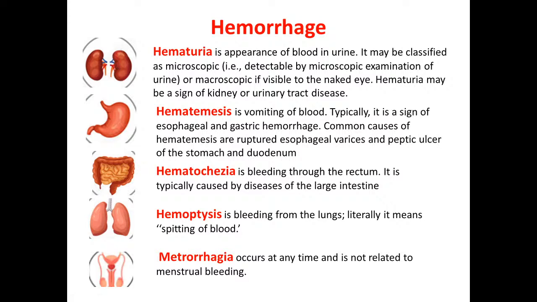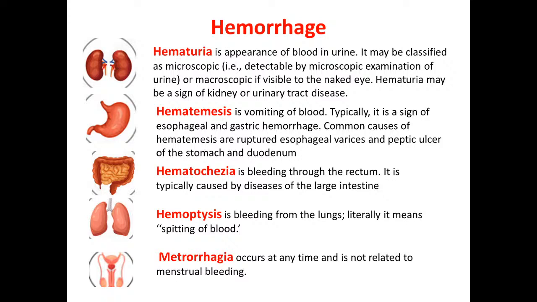Hemorrhage appearing as blood in the urine is named hematuria. It may be classified as microscopic or macroscopic if visible to the naked eye.